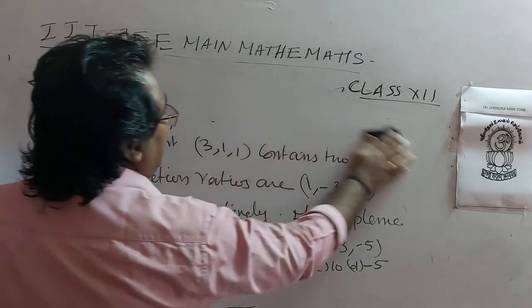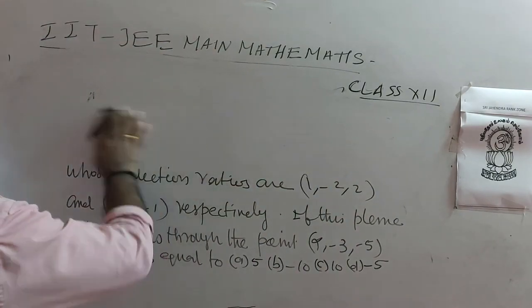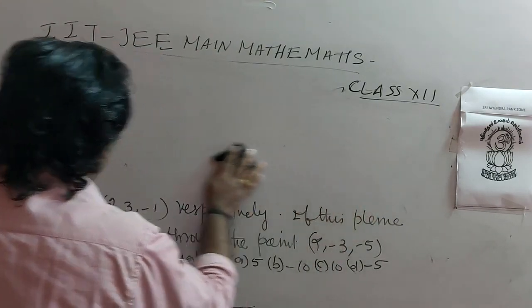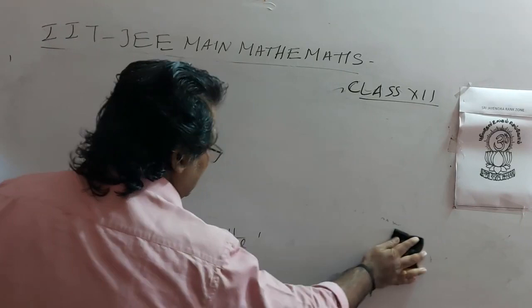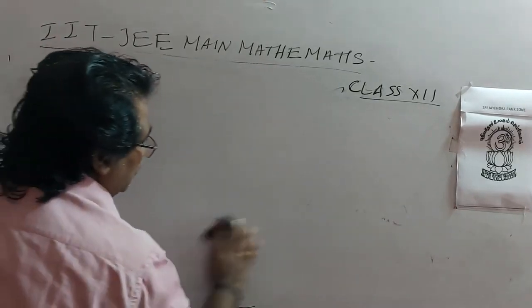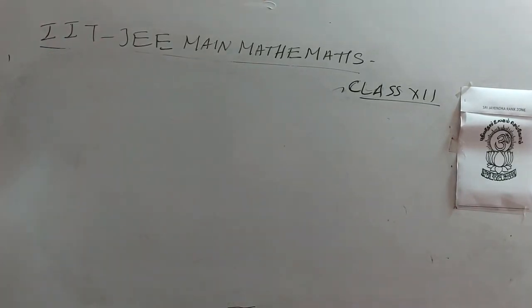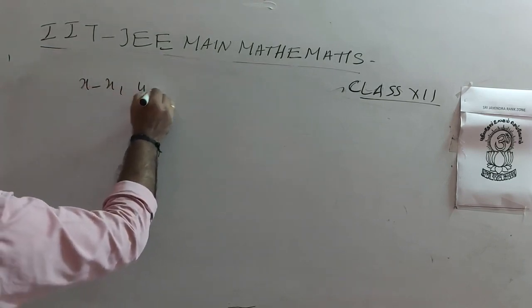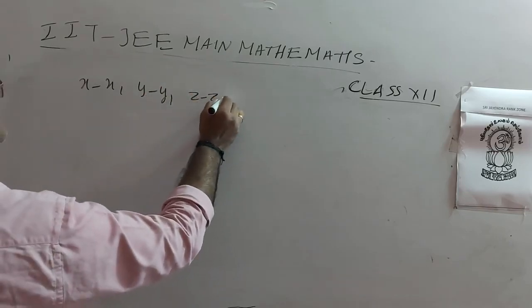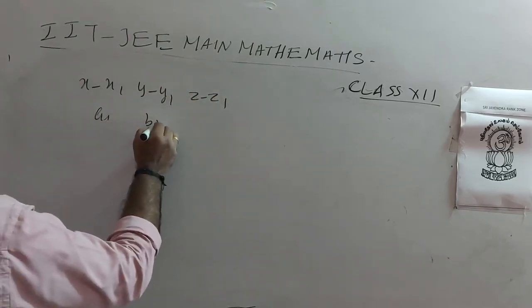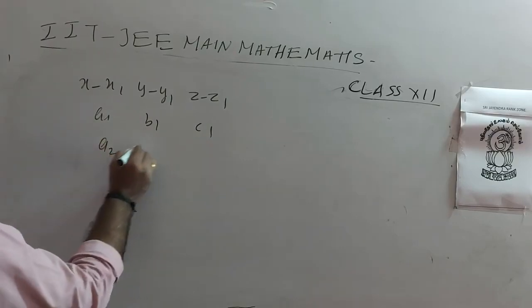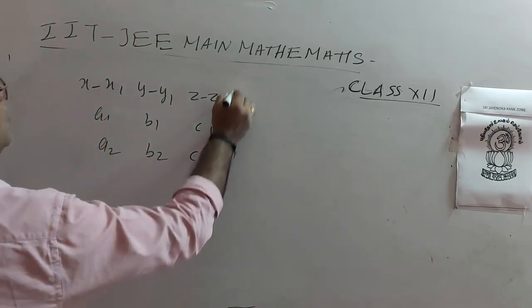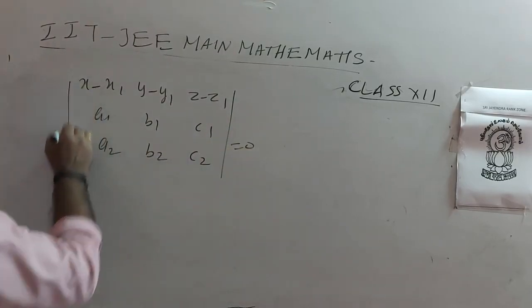This is the one point and two parallel vectors method. The plane passes through a single point and has the directions of two lines. So the equation is the determinant with rows x minus x1, y minus y1, z minus z1; a1, b1, c1; a2, b2, c2, equal to 0.